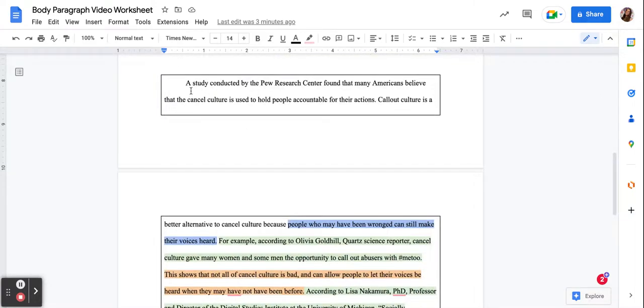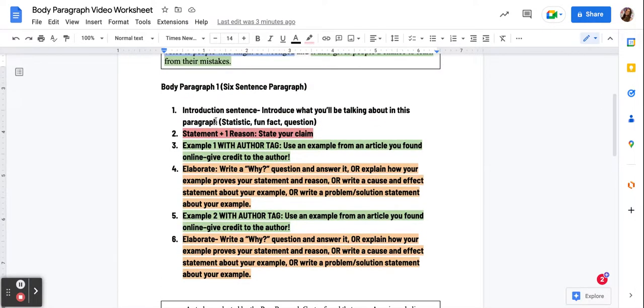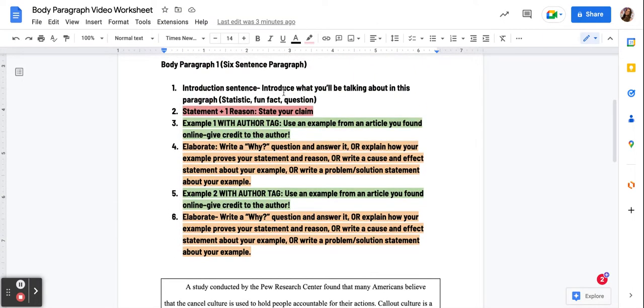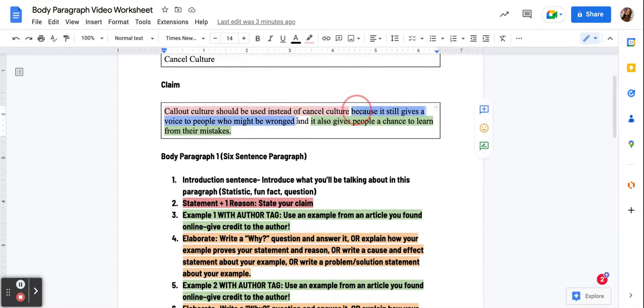My first sentence, my introduction sentence, is going to introduce people to cancel culture. So it says a study conducted by the Pew Research Center found that many Americans believe that cancel culture is used to hold people accountable for their actions. Go ahead and write a statistic, a fun fact, or a question about your first reason from your claim.